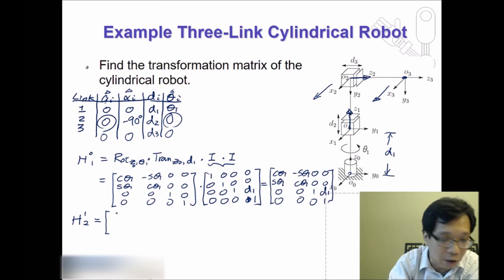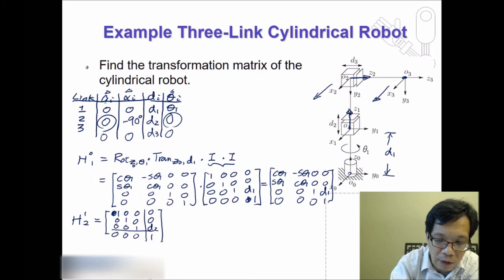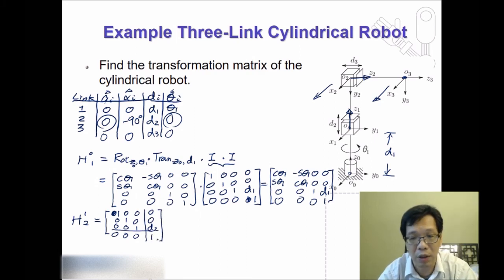We are having 1 0 0 0 1 0 0 0 1 0 0 0, 0 0 D2 and 1. This is corresponding to the translation. Keep in mind I'm following the same sequence defined by the formula.